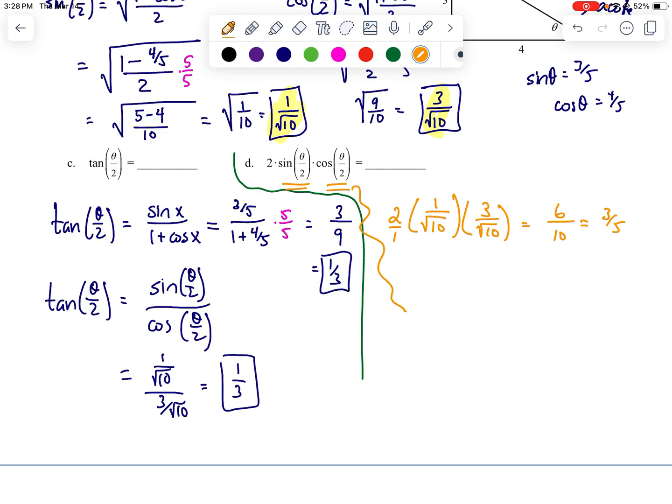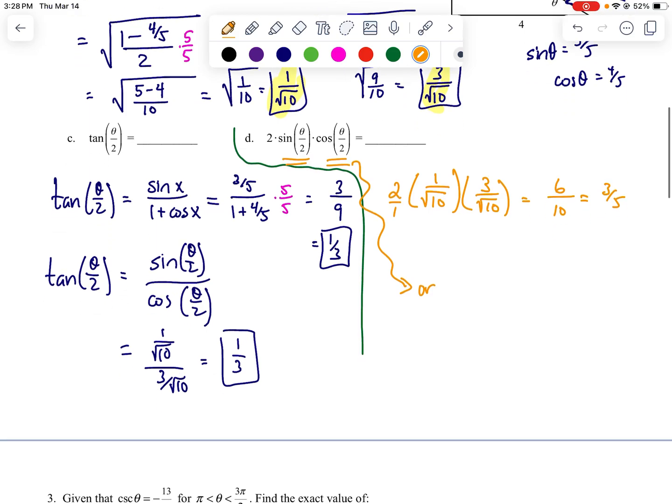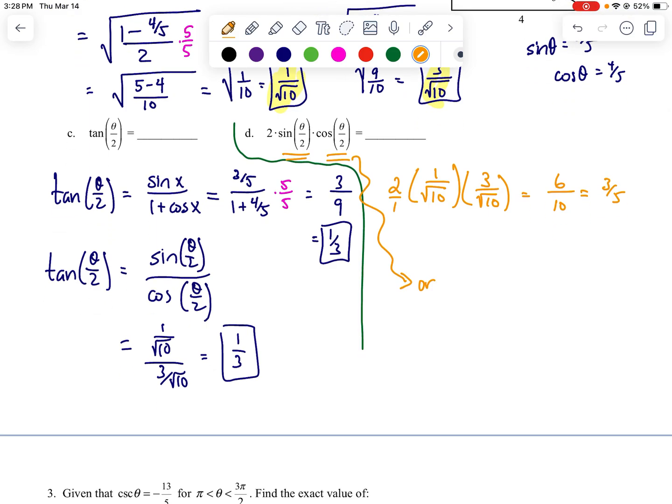Or, look at another clever way to do this. What if we recognize that 2 sine of theta cut in half times the cosine of theta cut in half is our double angle formula? Our double angle formula says 2 sine x cosine x is the sine of 2x.